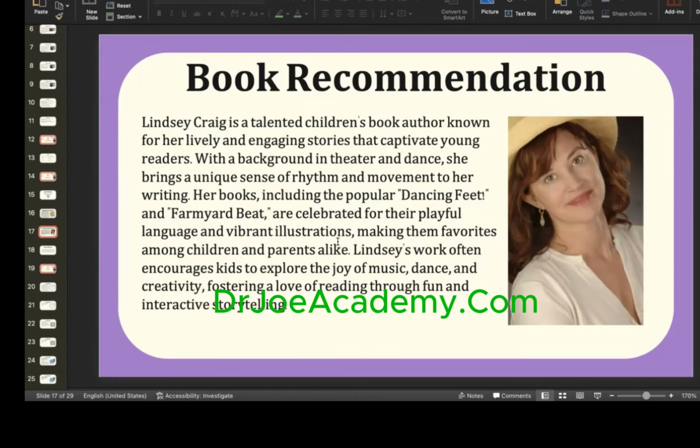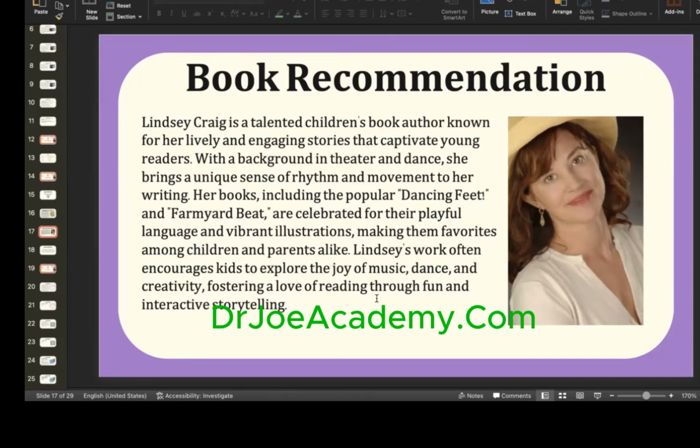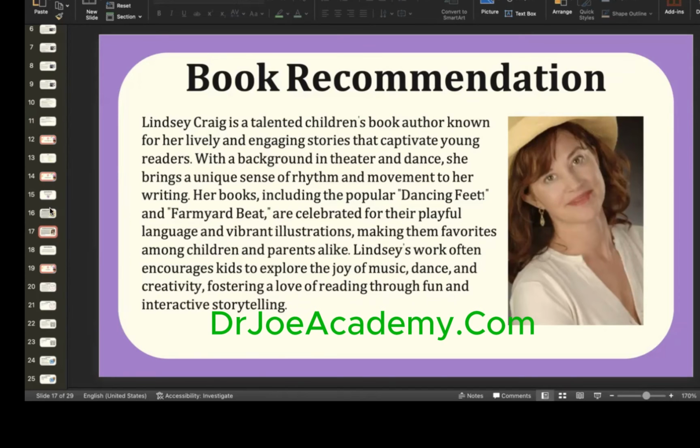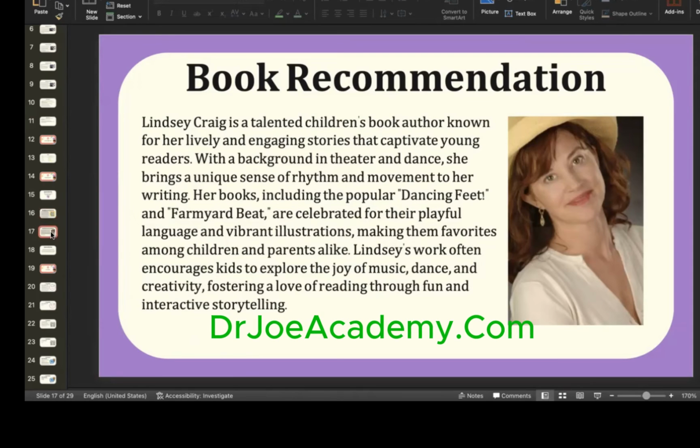So she has really nice pictures in her books, making them favorites among children and parents alike. Lindsay's work often encourages kids to explore the joy of music, dance, and creativity, fostering a love of reading through fun and interactive storytelling. So again, she's a good author and this is a good book. So feel free to look in your library or online if you want to do some extra reading.